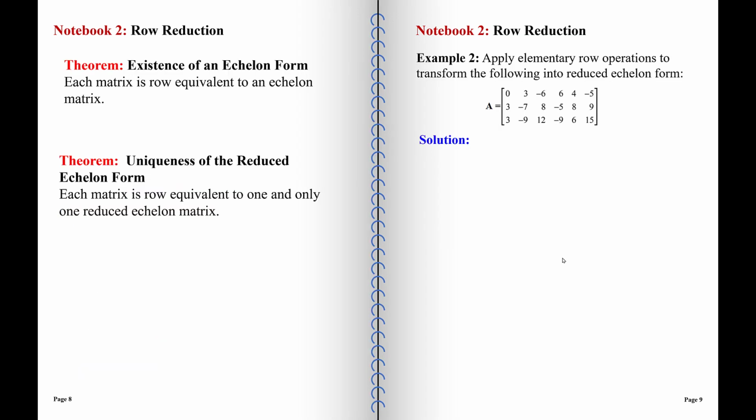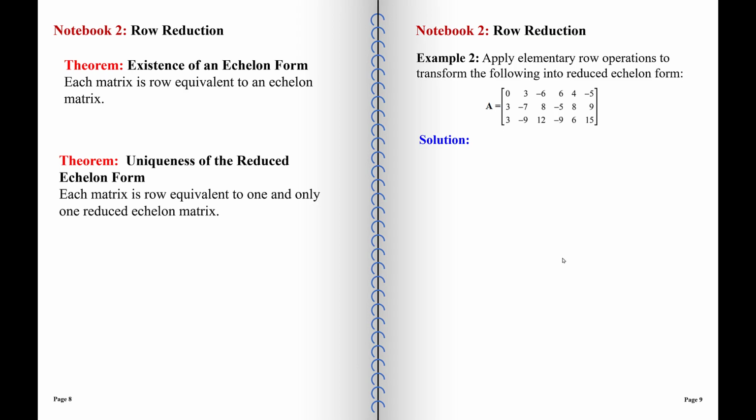Okay, now, uniqueness of the reduced echelon form. So the theorem reads, each matrix is row equivalent to one and only one reduced echelon matrix. So let's think of it this way. If I have a class of 20 students, I could put a matrix on the board and say, let's find a matrix that is row equivalent to this matrix that's in echelon form. Another way to say that is, put this matrix in echelon form. So each of those 20 students could get a different answer, and they could all be correct.